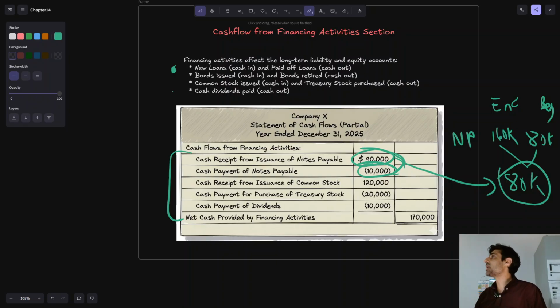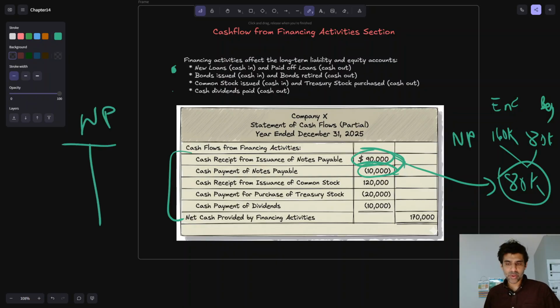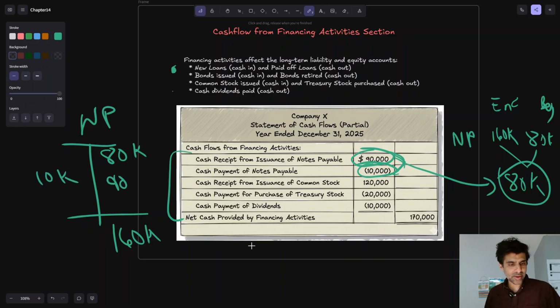Okay, so the balance sheet is only going to tell you the net change, and you will have to use whatever information is provided in the problem, in your financial records. You'll have notes payable, whatever starting balance 80,000, and you'll have ending balance 160, and you'll have 10K here and 90K here.